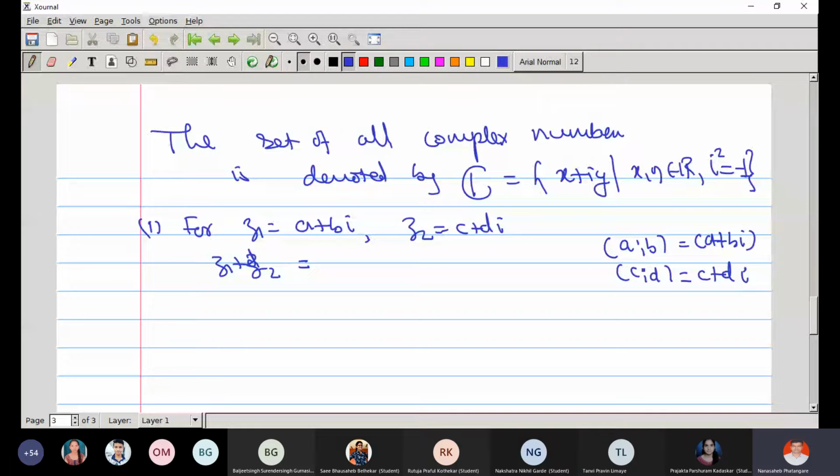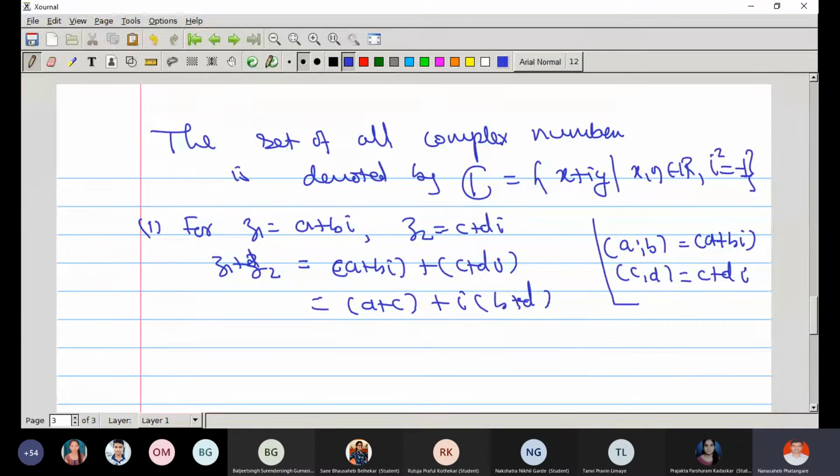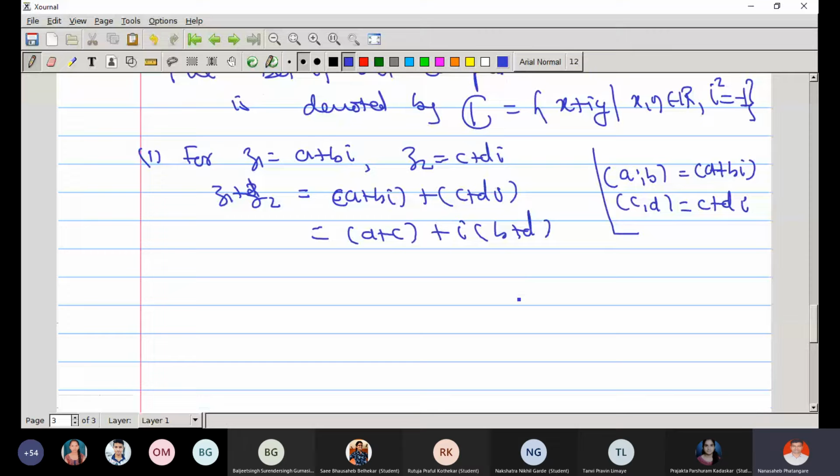And how do we add two vectors in R2? Similarly we are going to add these two: a plus bi plus c plus di is a plus c plus i times b plus d. In this way we are adding two vectors. So the addition is like addition of two complex numbers.